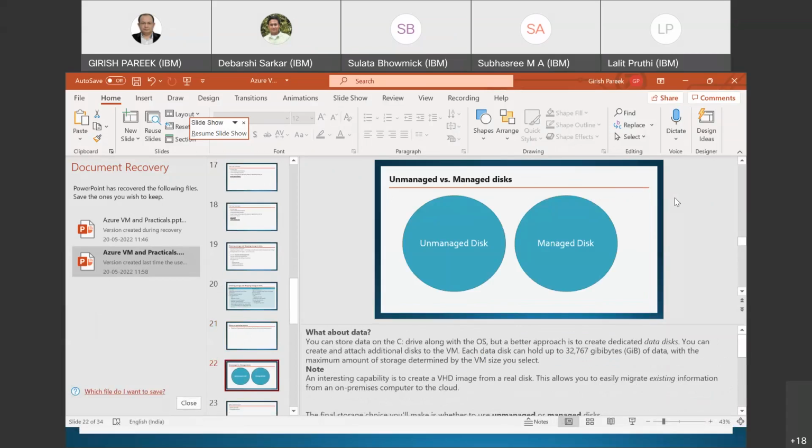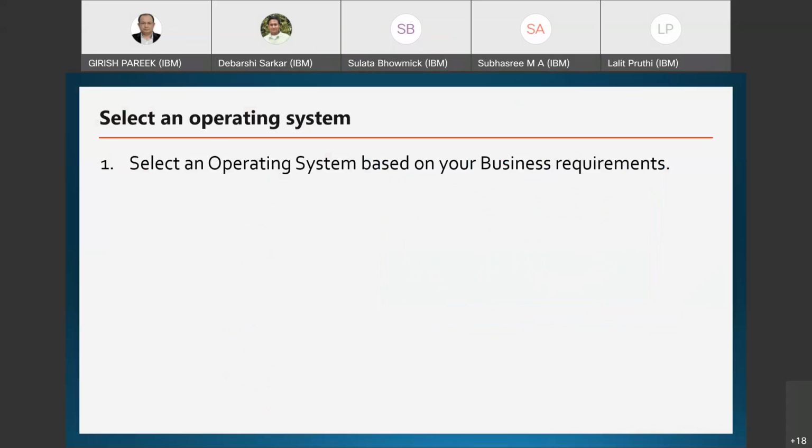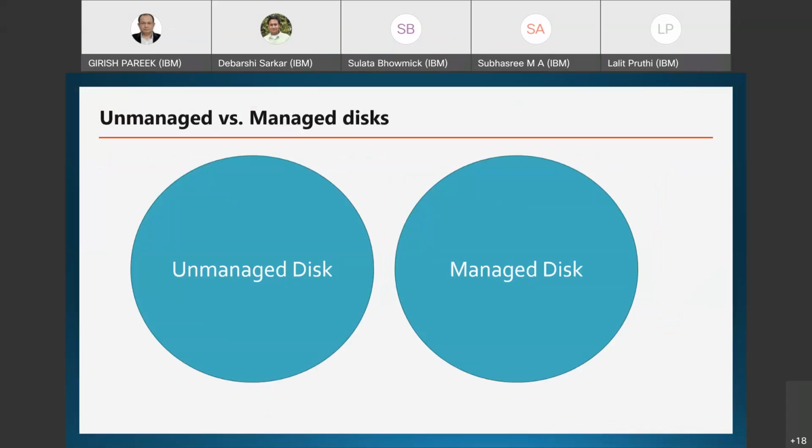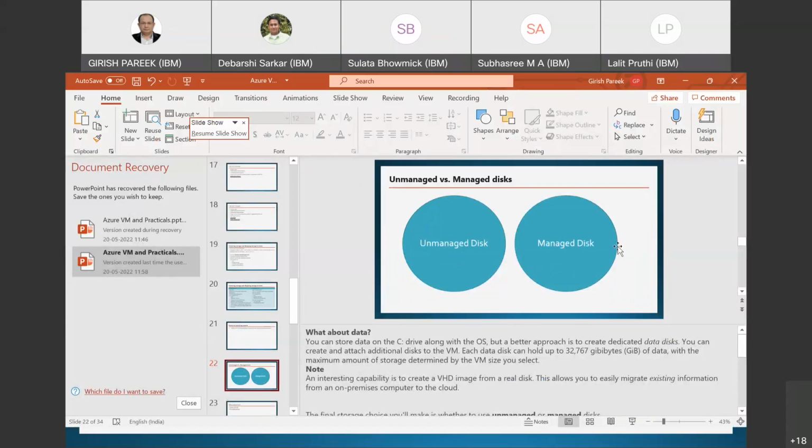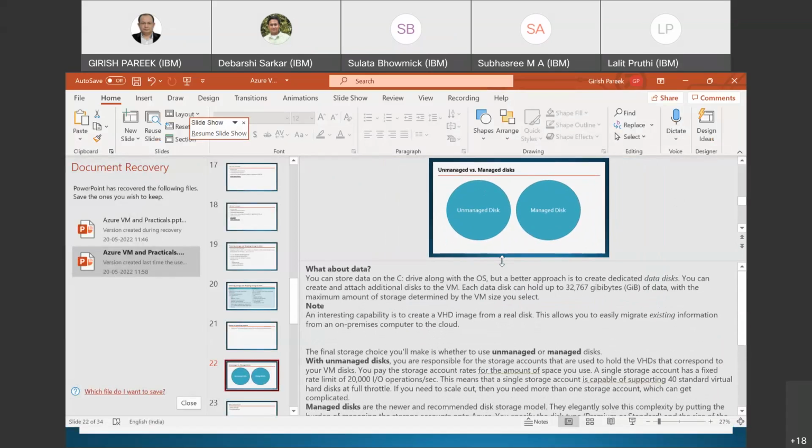Next, as I mentioned last time, there are two types of disk. One we call the managed disk, and one we call the unmanaged disk. So the managed disk, we need to understand.